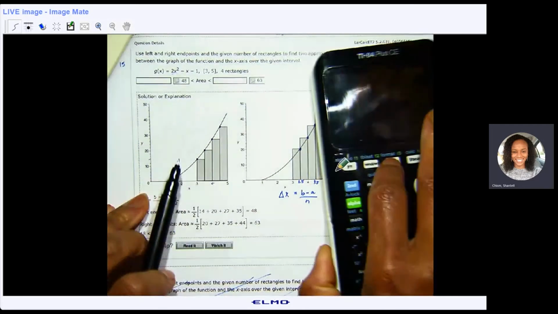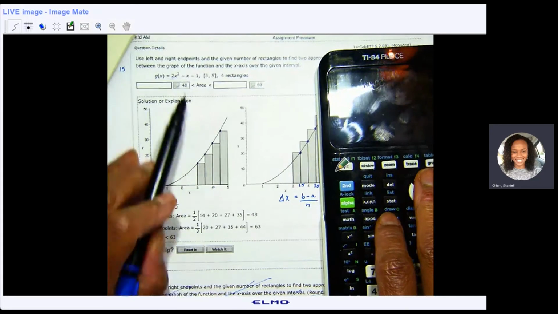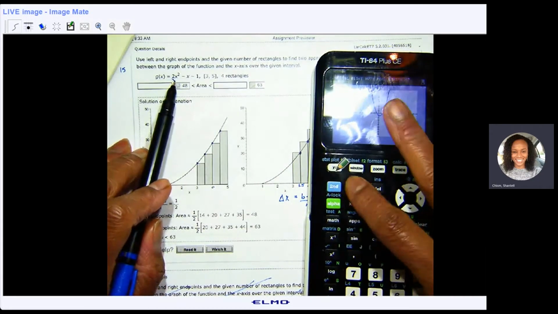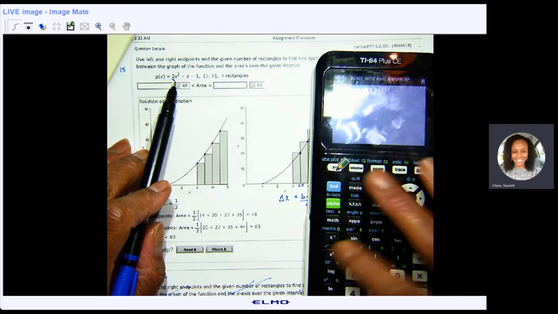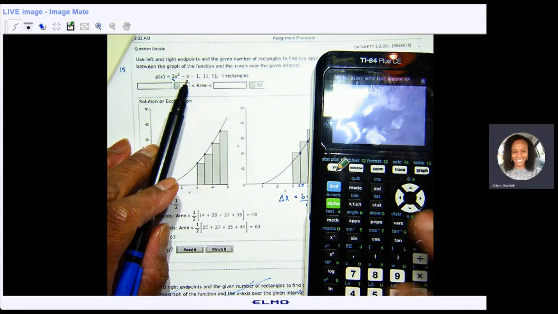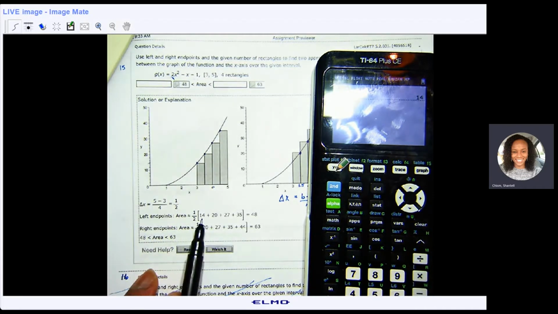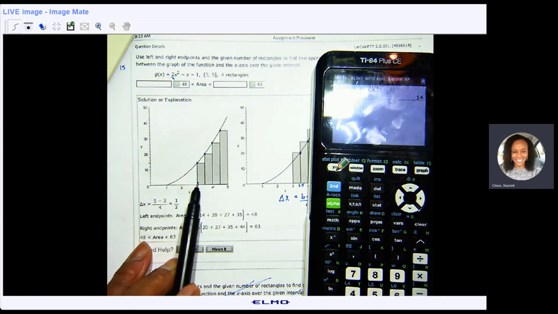So, for example, let's plug in the 3 and just verify that we're going to get 14. So 2 times 3 squared minus 3 minus 1. So we get 14. So it's just evaluating the function at that point.